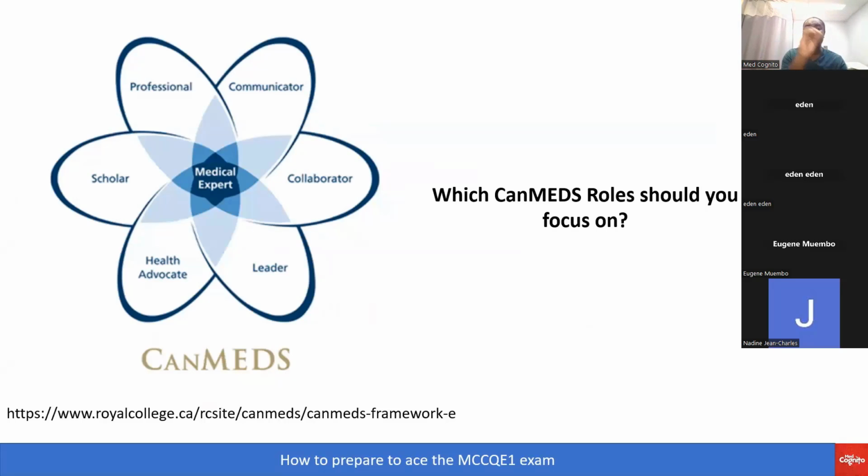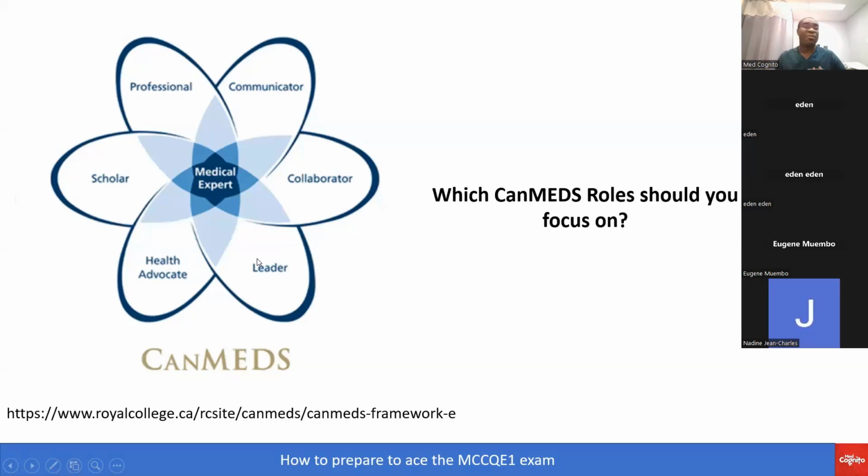The CanMEDS roles are looking at you as a physician, as a medical expert. But remember that I told you that the objectives you are learning, most of them are focusing on the physician as a medical expert. Because as a medical expert, communication comes in, professionalism comes in, that is ethics, scholarship comes in, that is diagnosis and management, health advocate comes in as a leader.